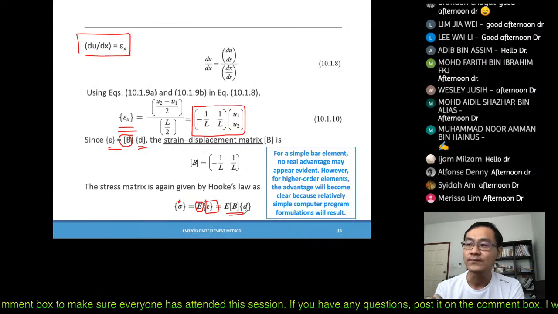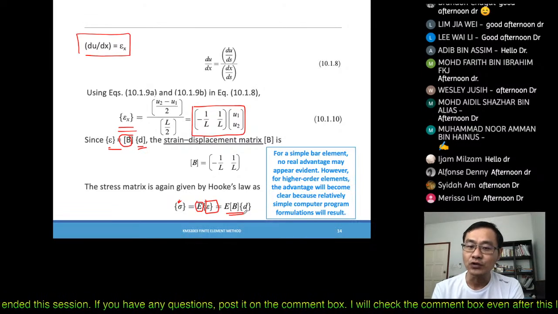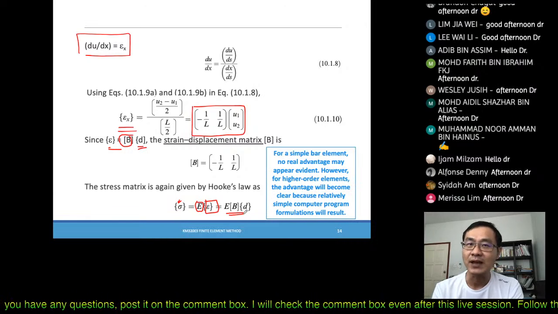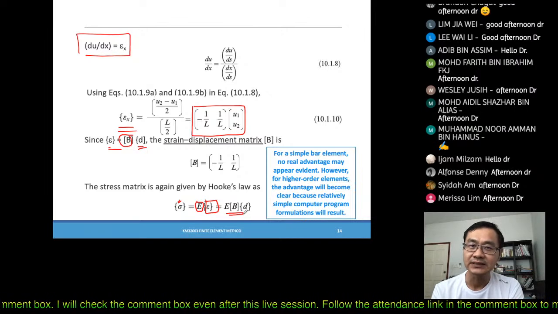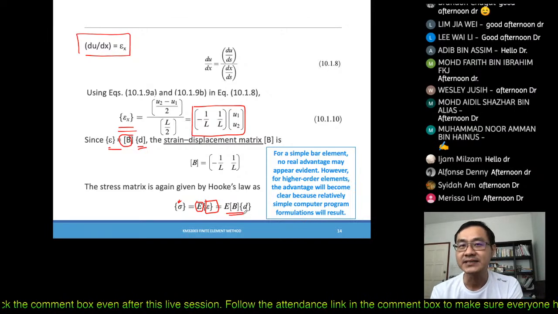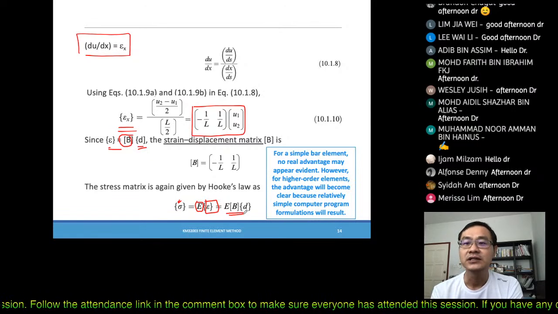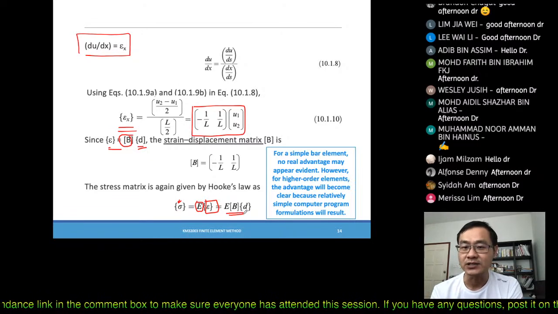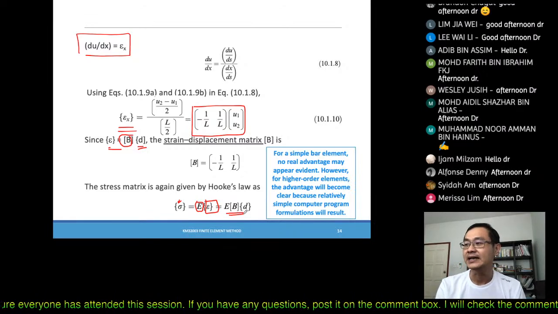There is no actual benefit. But if we go into higher order elements, we can easily represent the coordinate of every single node by using the natural coordinate, by putting 1, -1 and so on. That will be much easier for higher order elements.